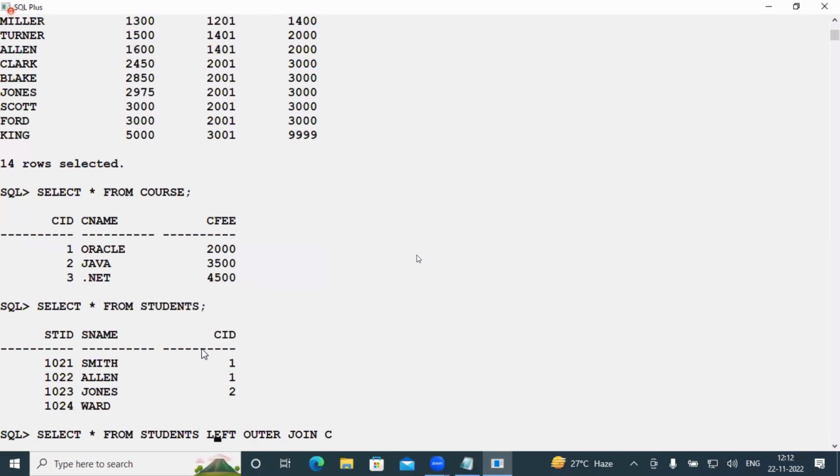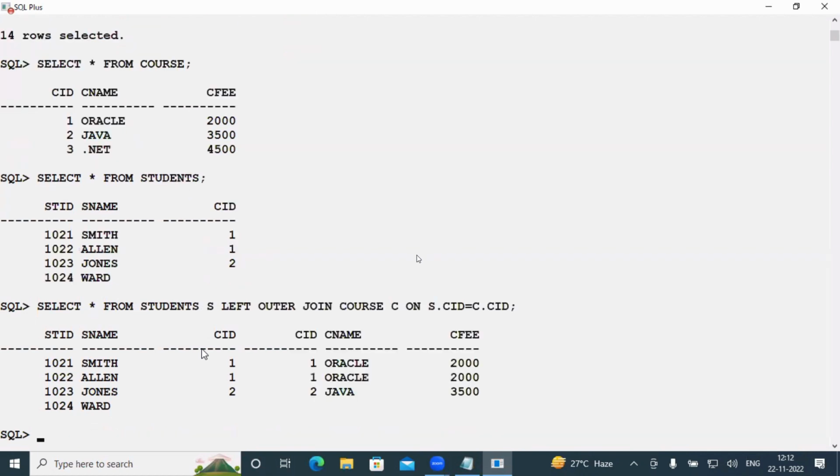Here S alias name I'm taking, and the second one is course C. The condition is in ANSI format, that's why I'm using the ON clause. Condition is S.CID equals C.CID.